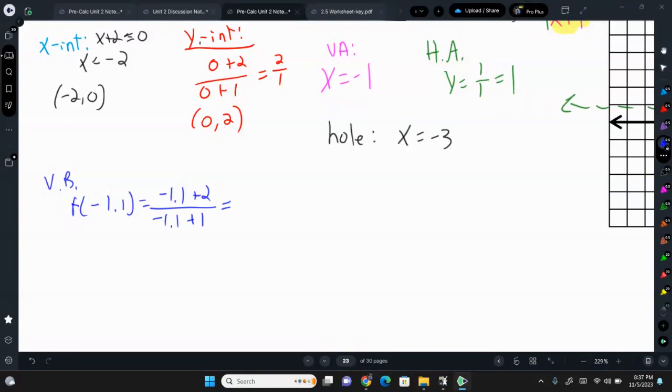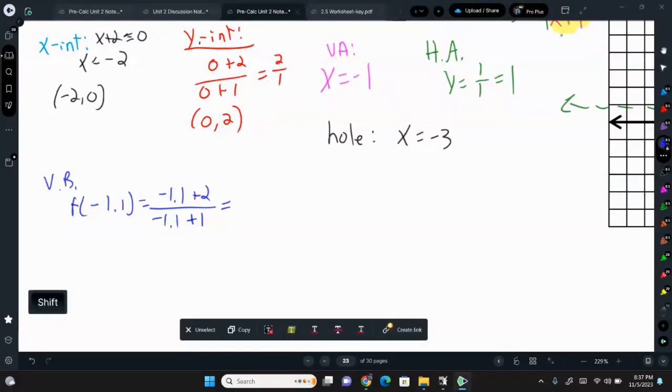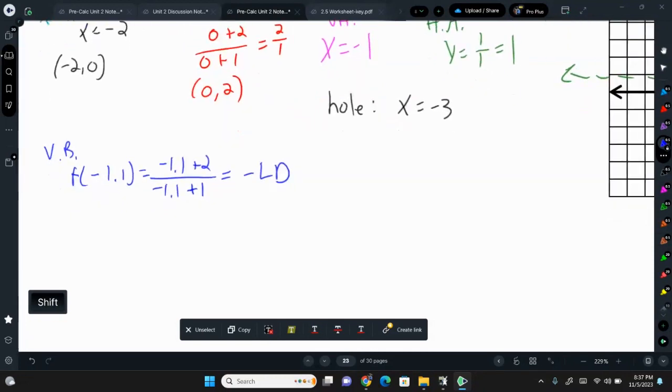In the denominator, we're going to have a negative. So positive over negative is negative, so the left side will go down. And then we need to go from the other direction. So f of -0.9 equals -0.9 plus 2 over -0.9 plus 1. Well, we're going to have a positive over positive, so that will be positive, so the right side is up.